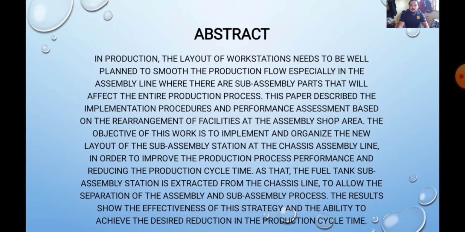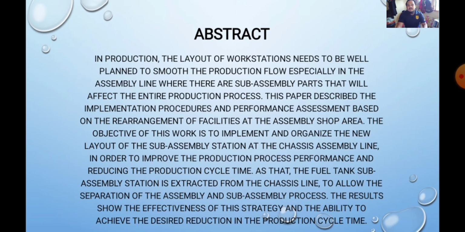Okay, for the abstract, in production, the layout of workstations needs to be well planned to smooth the production flow, especially in the assembly line, where there are sub-assembly parts that will affect the entire production process. This paper will describe the implementation procedures and performance assessment based on the rearrangement of facilities at the assembly shop area.